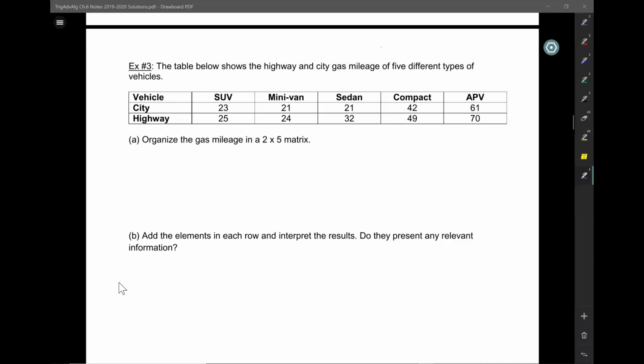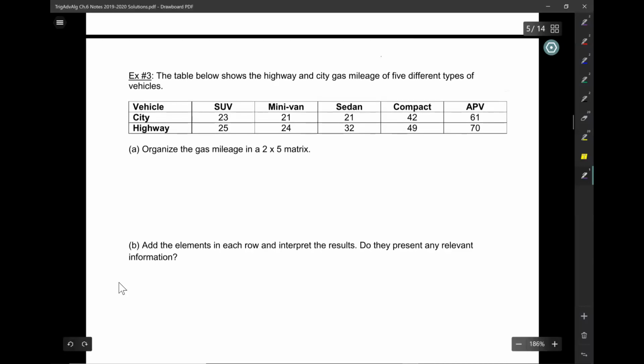And we have each of their city MPGs and their highway MPGs, right? If you drive a car on the highway, you get more miles per gallon than you do in the city. So this minivan, for example, has 24 highway MPG and 21 city.